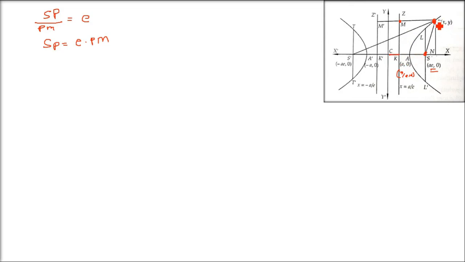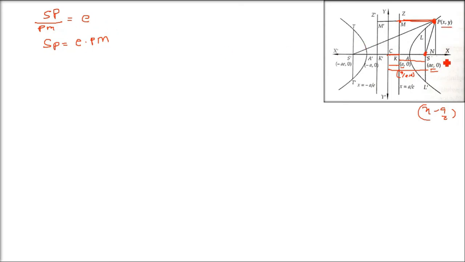I am saying if I take this x from C to this point, total distance is x, and we want this perpendicular distance only. So we have extra CK, we have to subtract this extra CK, which is A by E. So if I subtract this A by E from x, I'm going to get the perpendicular distance PM. x minus A by E is the perpendicular distance to the directrix.